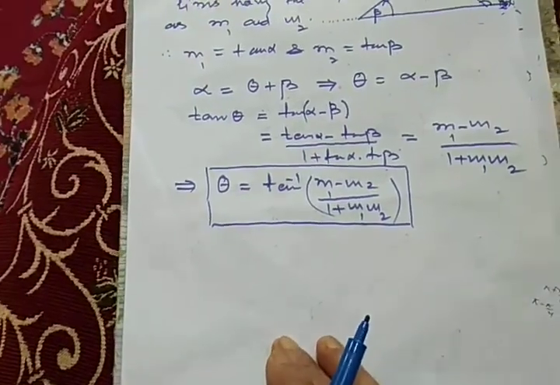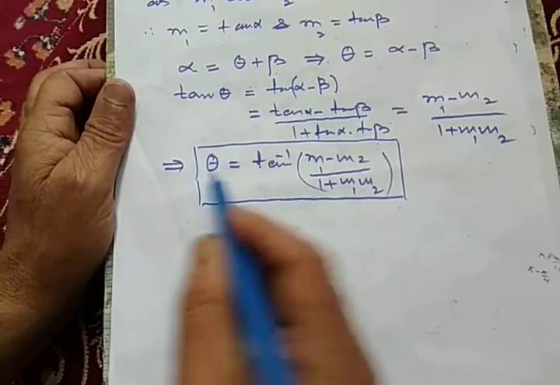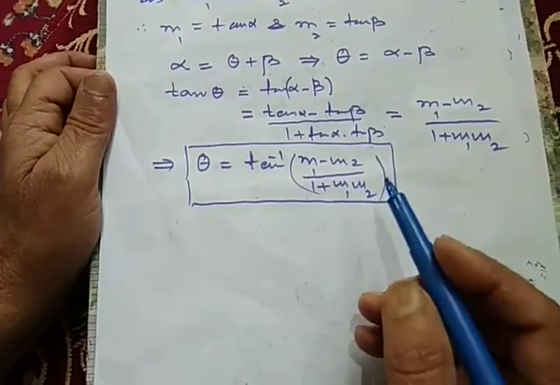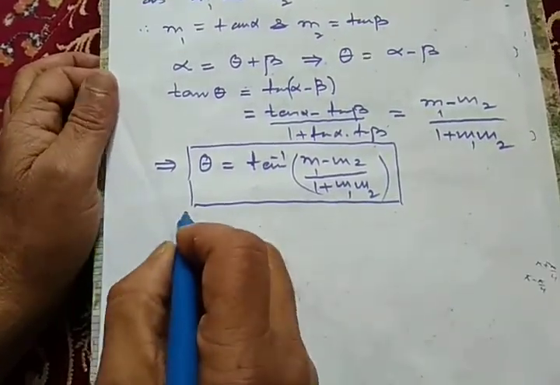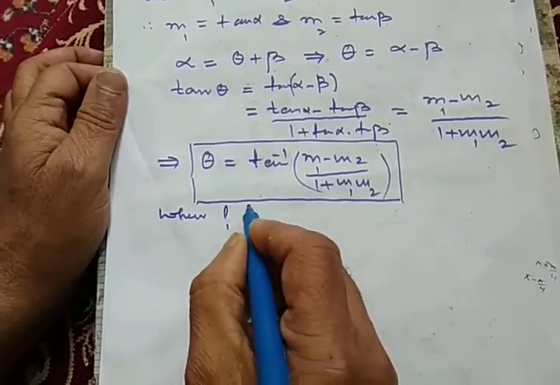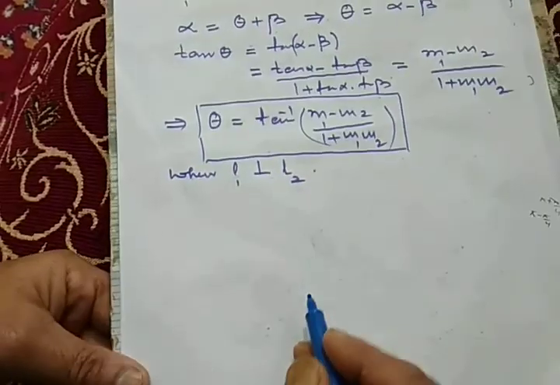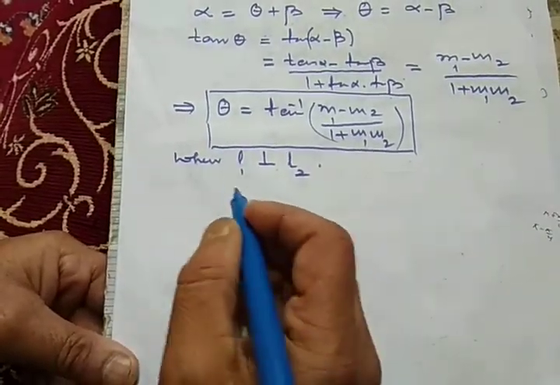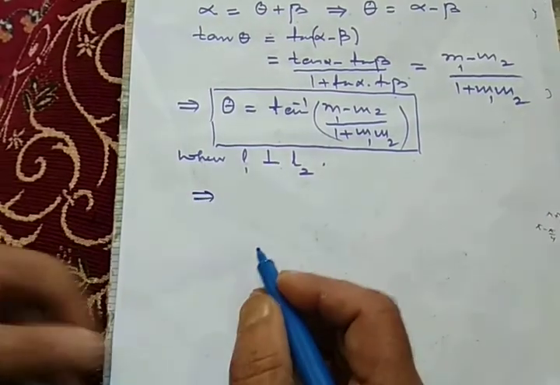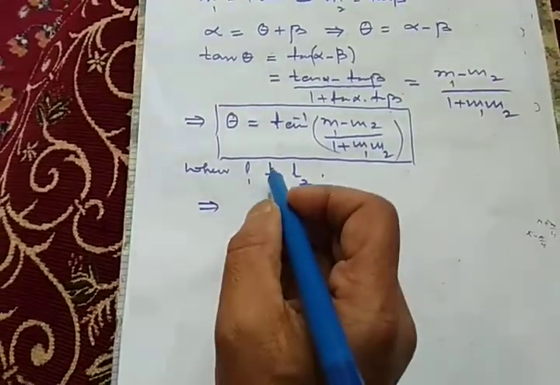Different cases arise. Suppose the two lines are perpendicular, when L1 is perpendicular to L2, then the angle between them is 90 degrees. If they are parallel, the angle between them will be 0.